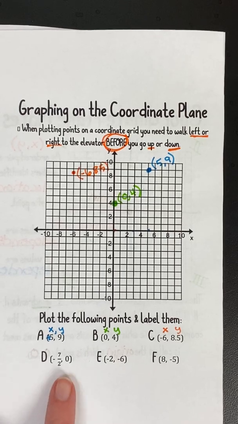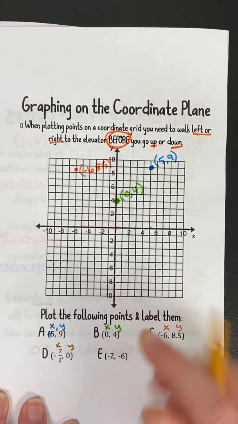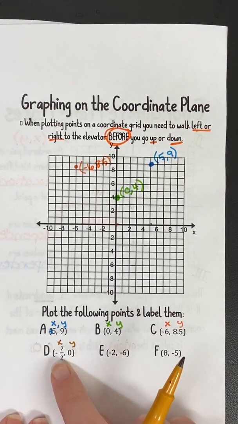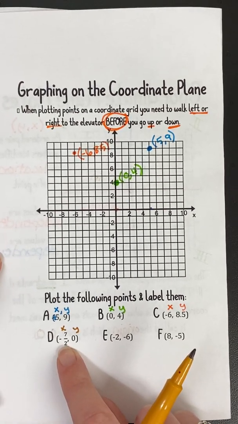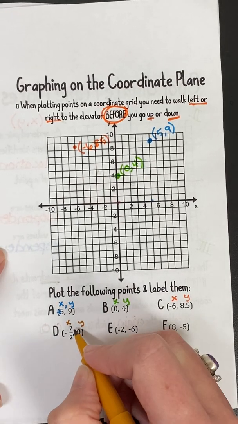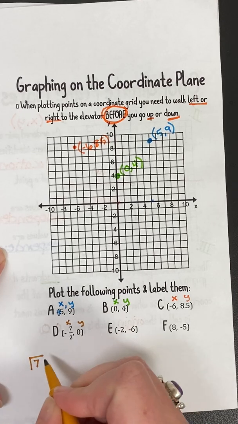And then let's look at D. So this one's a little bit different. I still need to do my X and my Y, but I have a fraction and it's actually improper. So anytime we have a fraction and a coordinate, an ordered pair, I'm gonna go ahead and cowboy and horse because we need to turn this into a decimal. So remember, my cowboy is my 7, so it goes inside, and then I have my 2.